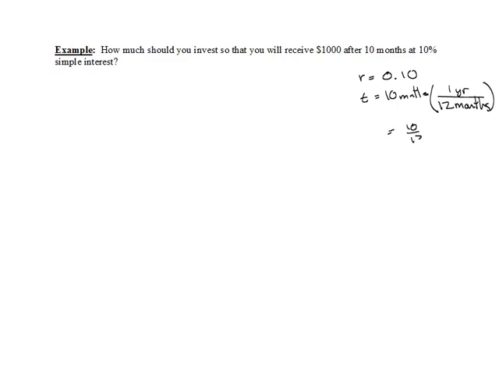So 10/12 of a year. And this time, our principal, that's what we don't know. So I'm going to just mark that with a question mark. We do know the amount after interest has accrued, and that is $1,000.